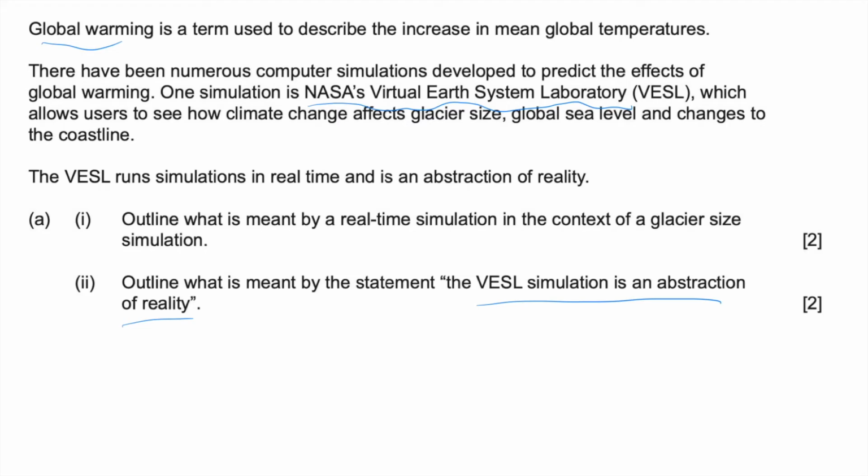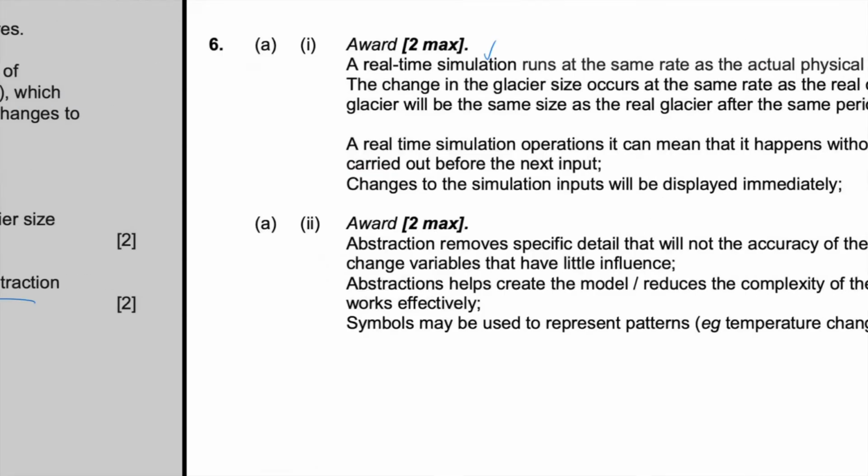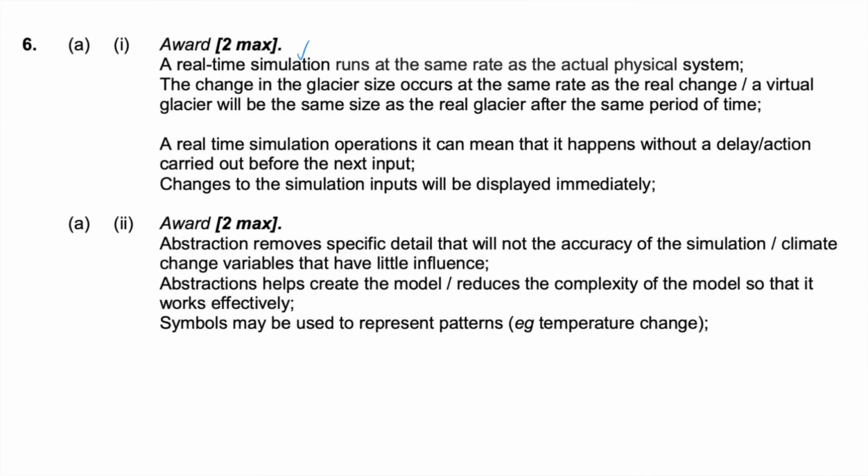So we might get data on certain aspects of the glacier, but not all the aspects because some are just not relevant. For example, the number of penguins on a glacier may not necessarily be relevant to studying climate change. I mean, the mark scheme answer here was really just an explanation of abstraction without context. But I just wanted to explain what abstraction means in the context of a real world scenario.